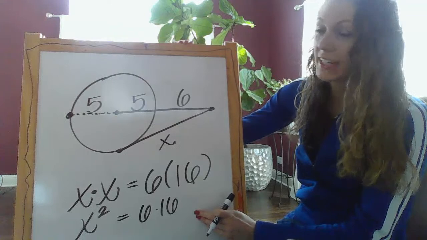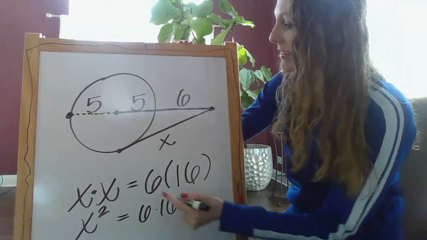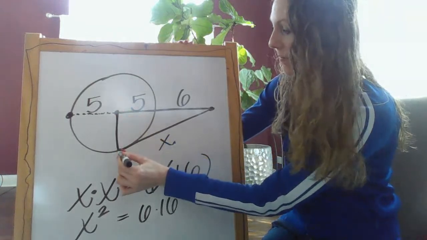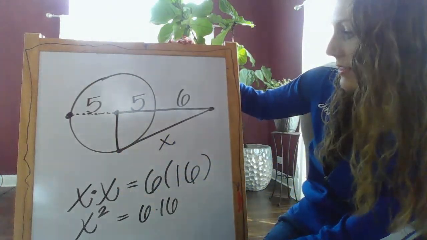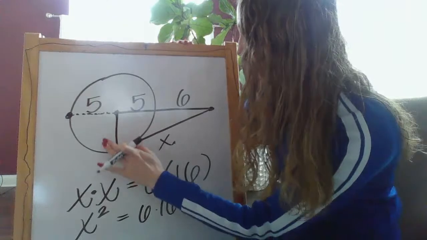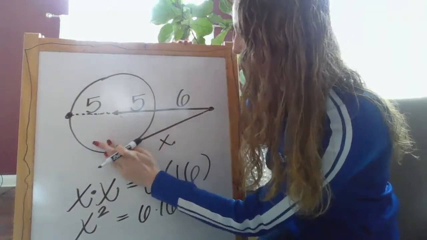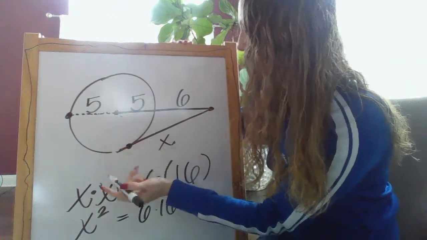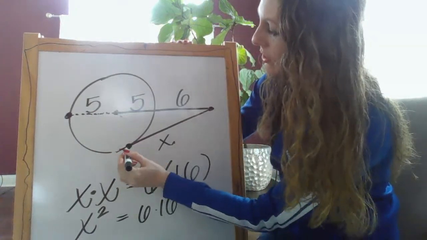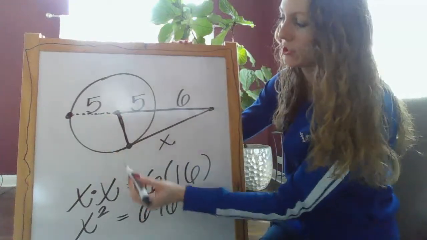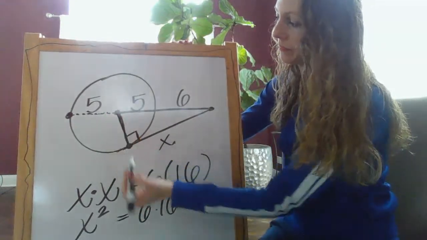But another way we could get the same answer is if we were to draw in a radius here instead. Now my diagram is not very good. Let me get my tangent point looking a little bit better here. So our point of tangency is where it like just brushes the edge of the circle, right? So that point of tangency should be making a right angle.